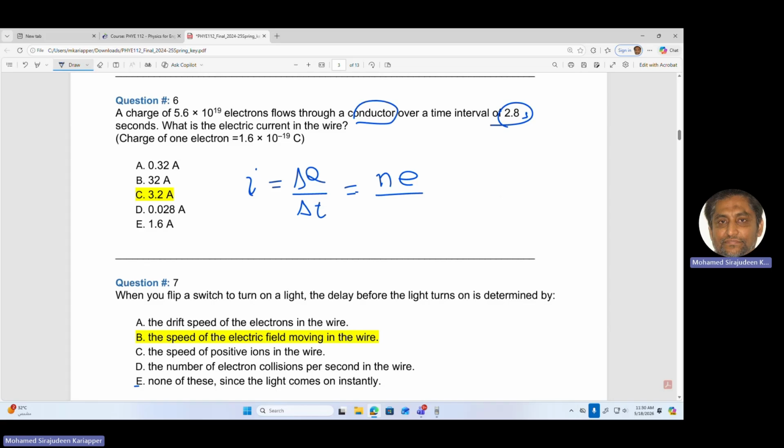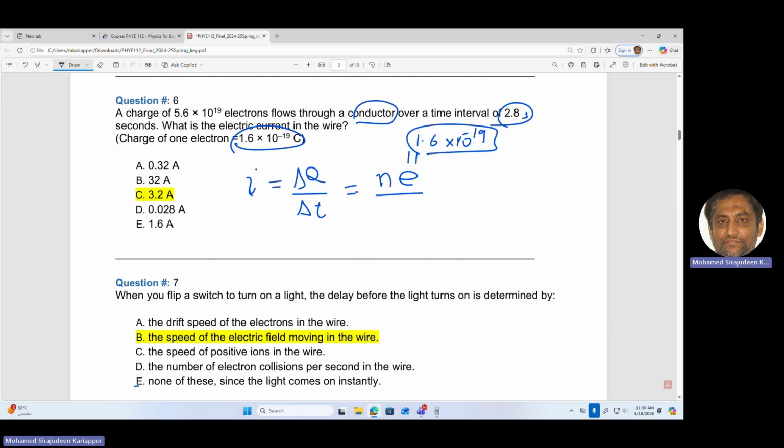He didn't give us the charge, he is only giving how many electrons are passing, but each electron will have a charge of e. You know the value of e, it's given there. If it's not given, you can get it from the formula sheet. So n, the number of electrons, multiplied by the charge of one electron will be the total charge flowing past that area.